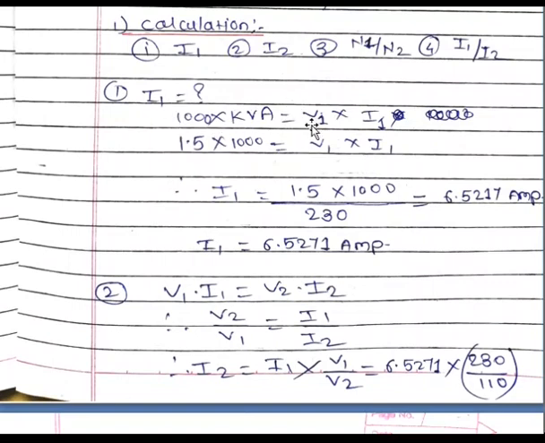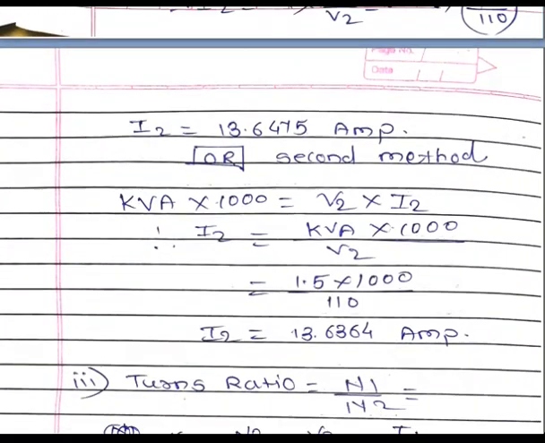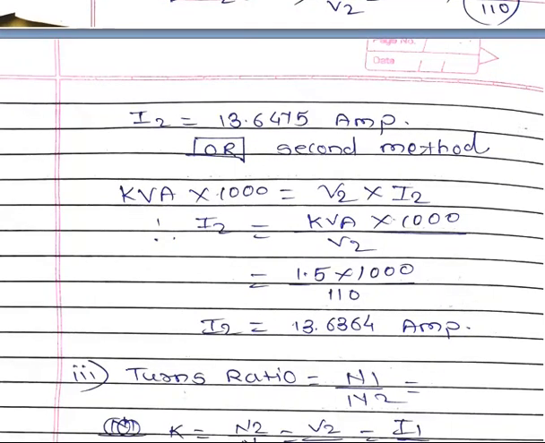Or we can calculate the current I2 by a second method. In the above step we used the formula of apparent power equal to V1 into I1. Here we use the apparent power for the output. Thus output is equal to V2 into I2. Therefore the current I2 is equal to kVA into 1000 divided by V2. kVA is equal to 1.5 and V2 is equal to 110.